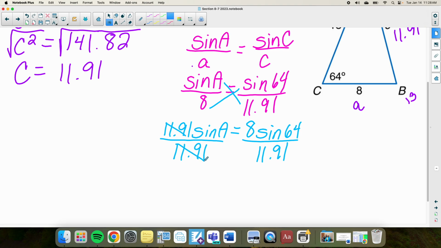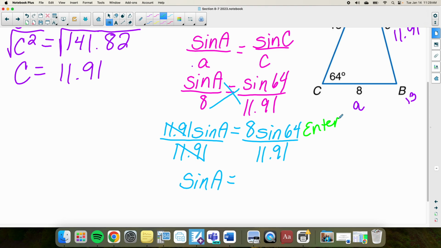Okay? And when I get my answer, you have to realize that what you're getting is sine of A. It's not angle A. Another thing we have to be careful of when we put this in our calculator, you have to hit enter before we divide by 11.91, okay?